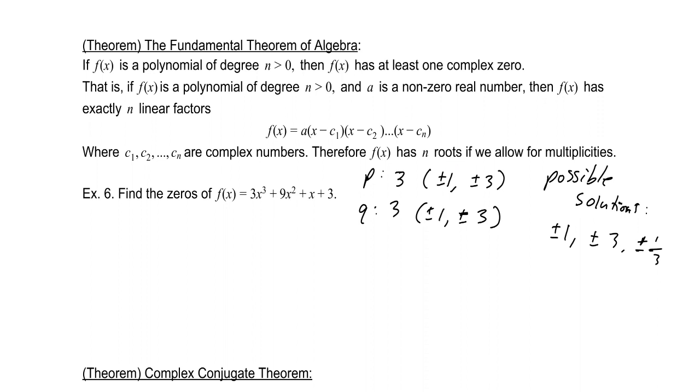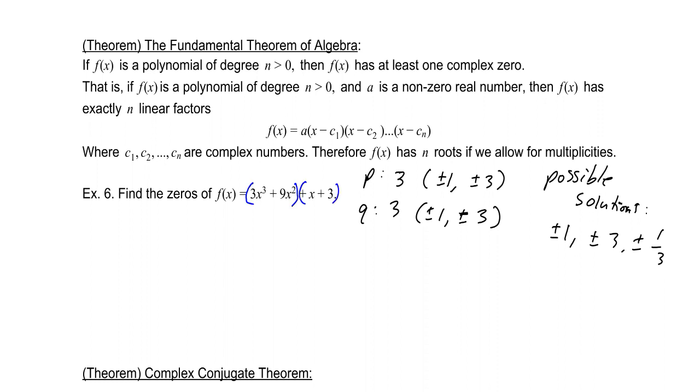Plus or minus 1, plus or minus 3, plus or minus 1/3. All right, so we have 6 possible solutions to try. And let's pick one. Actually, we may not even have to do that, because I believe this is going to factor by grouping. It will.